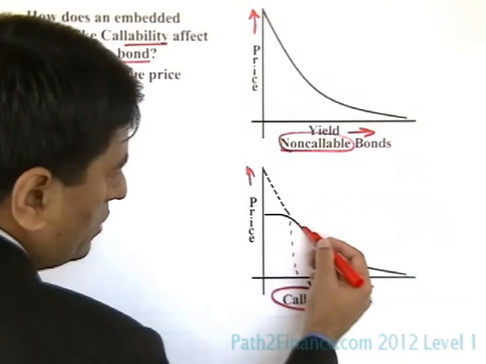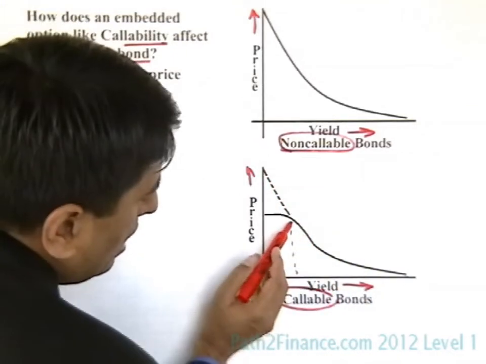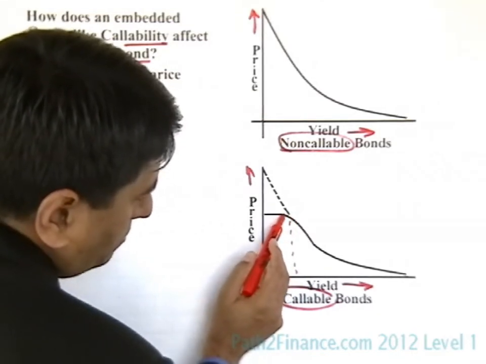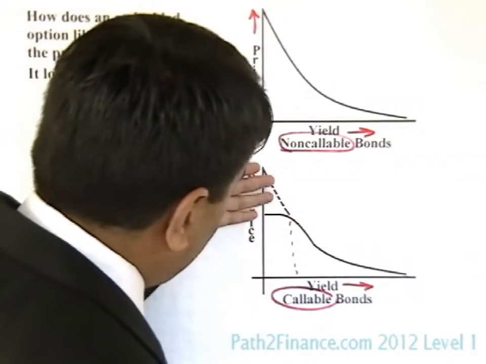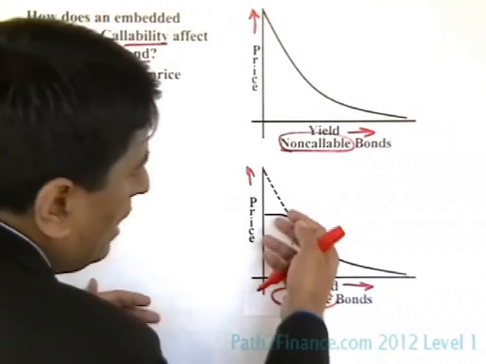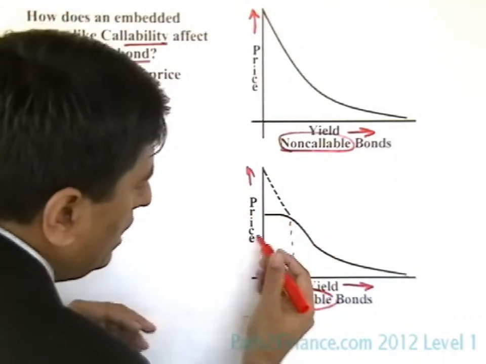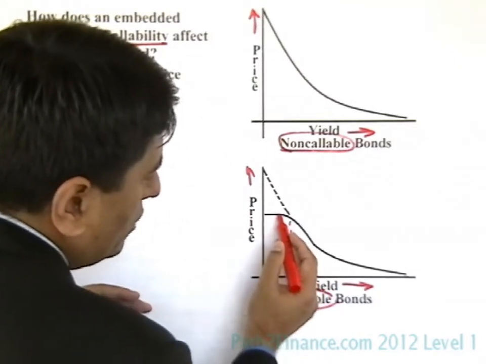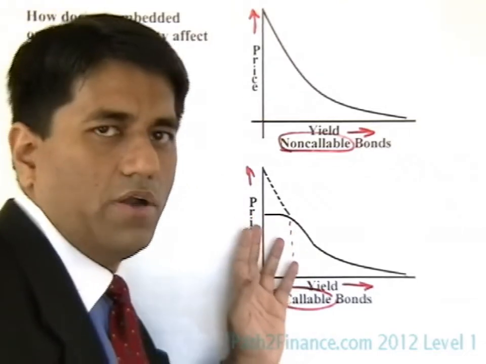So, whereas the non-callable bond price continues rising, for the callable bond the price starts diverging now. It falls below the price of the non-callable bond because there is the apprehension that this bond is going to get called, and for a sufficiently low yield, the bond will certainly get called, and then the price just becomes flat at the call price of the bond.